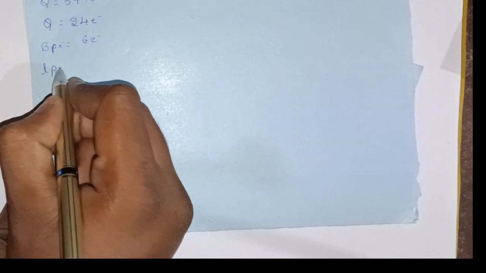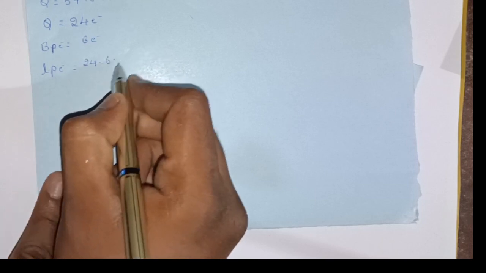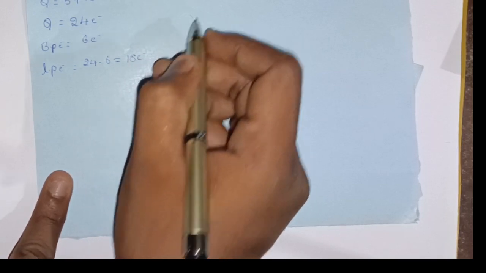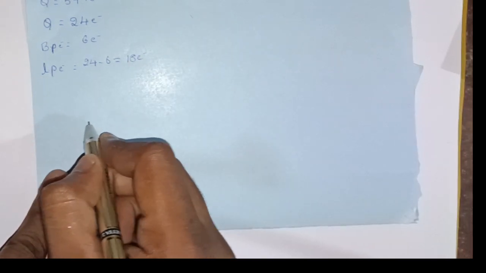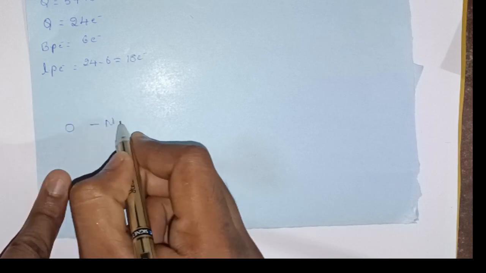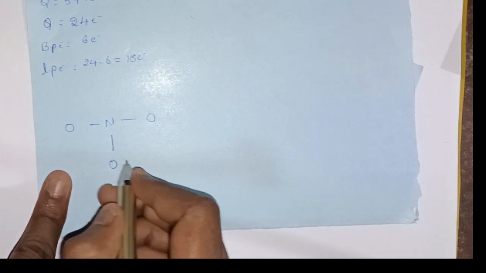Lone pair electrons is 24 minus 6, that is equal to 18 electrons. Then the structure will be nitrogen with 3 oxygens placed.